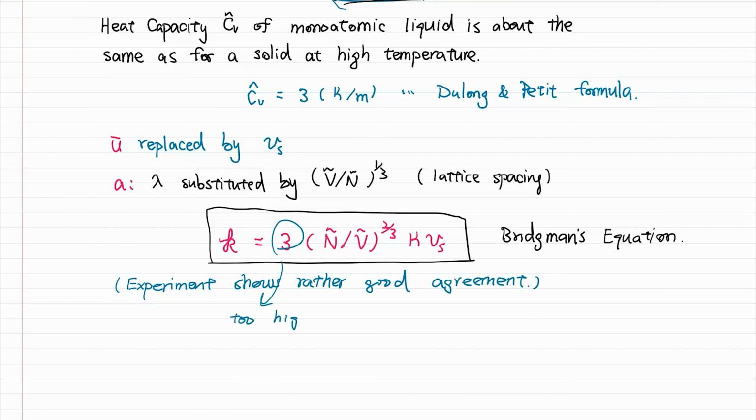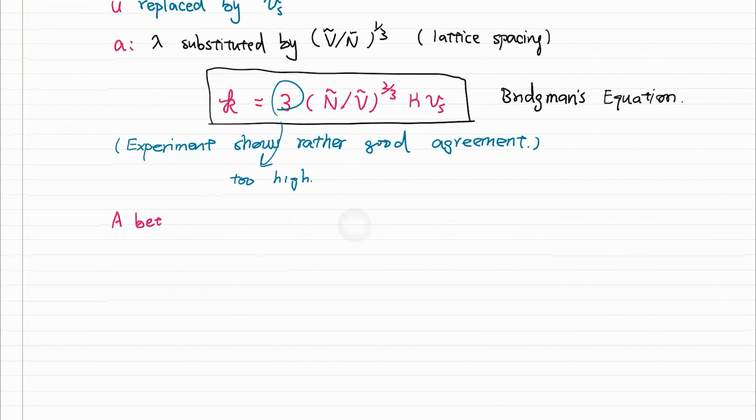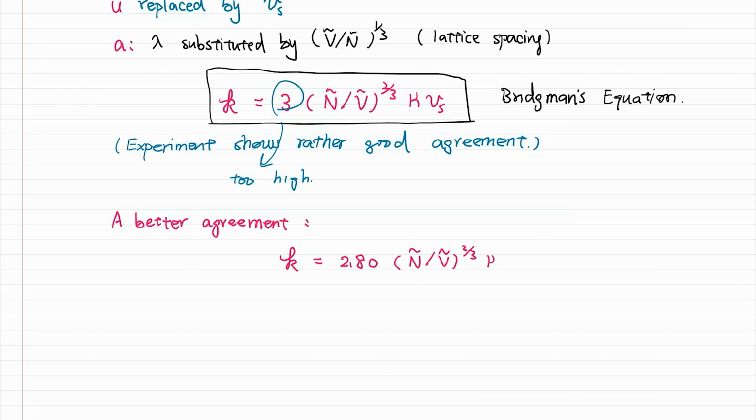So a better agreement would be the thermal conductivity equals 2.80 times (N over V) to the 2/3 times the Boltzmann constant times the sonic velocity.